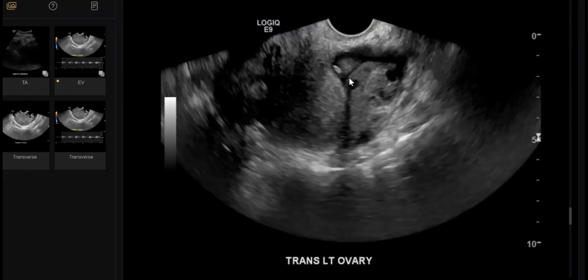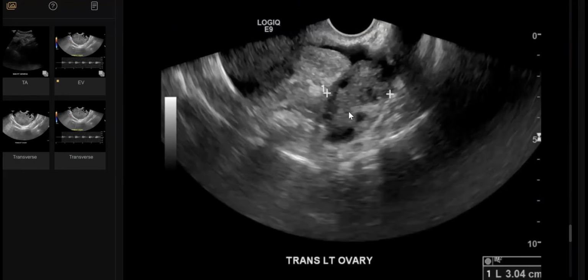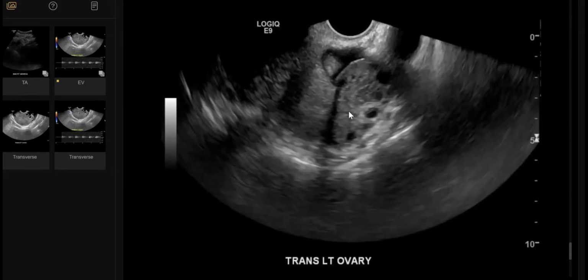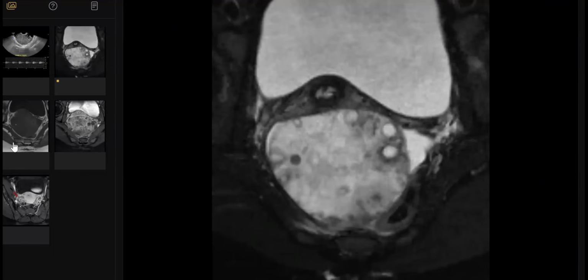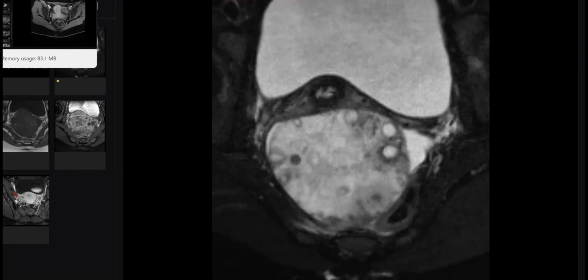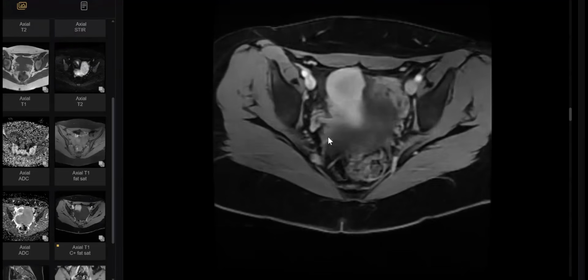And the opposite one is normal in size. Comparison is very, very important. On MRI, most of the follicles should have no low signal rim. If you see a low signal rim, it's a starting hemorrhage. If surrounding all follicles, this is considered a late sign. If low signal intensity inside, it's also hemorrhage, and this is a late sign.